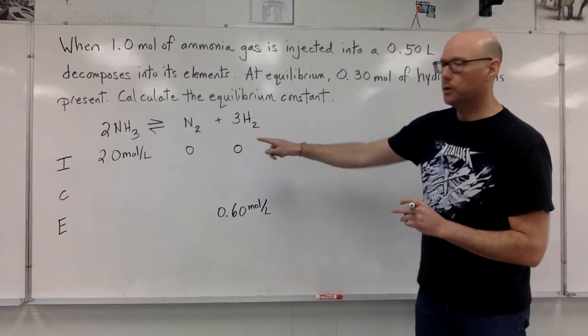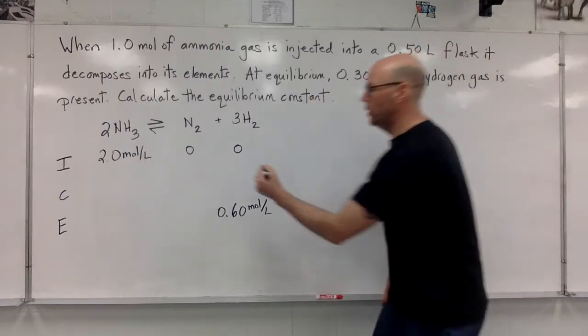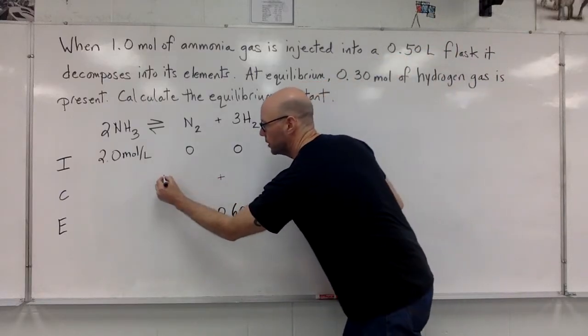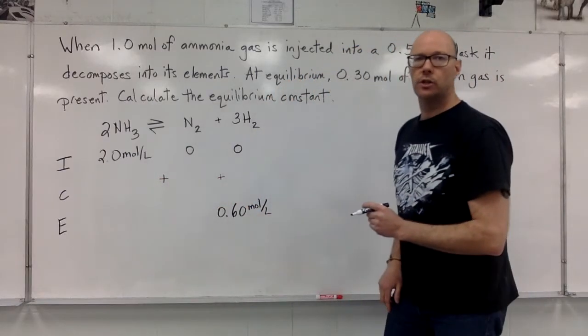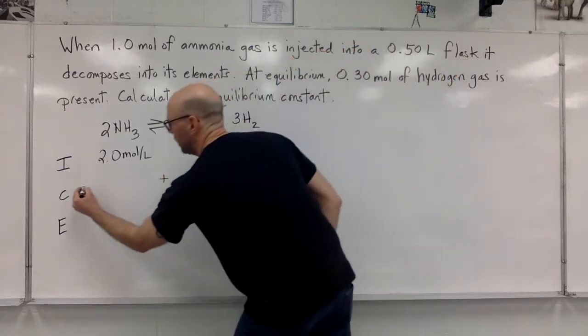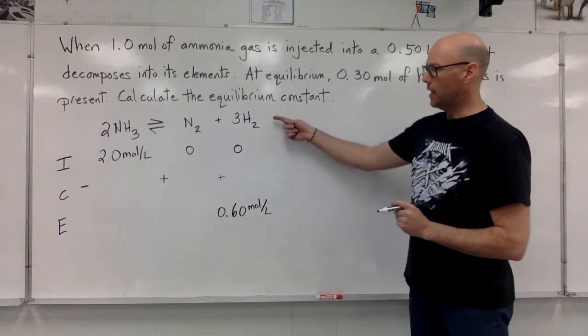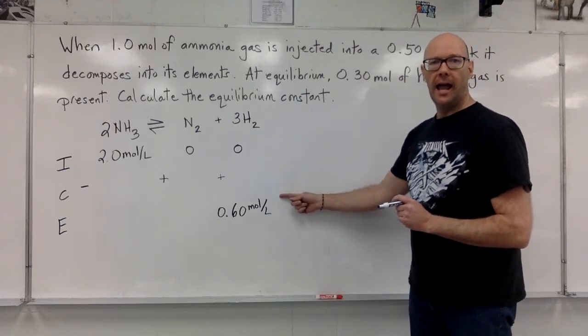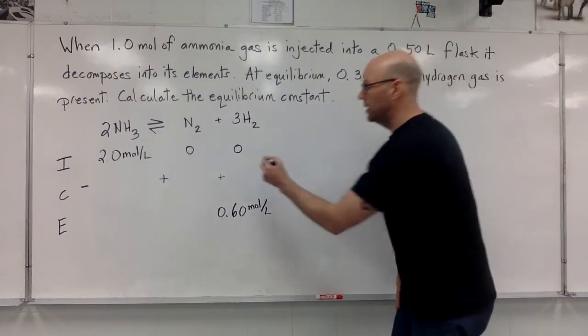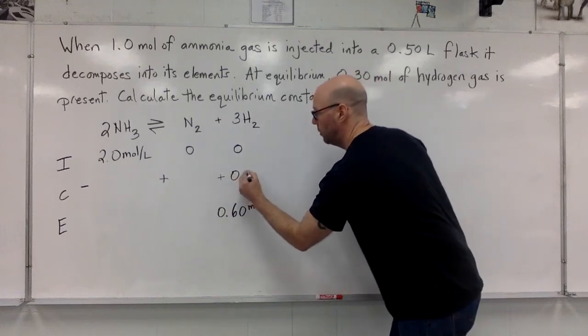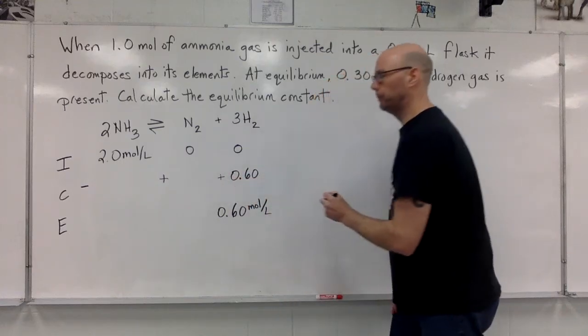There, the two products started at 0. They must have experienced positive change, and the reactant, the ammonia, underwent negative change. The hydrogen started at 0, ended at 0.6. That's a change of positive 0.60.